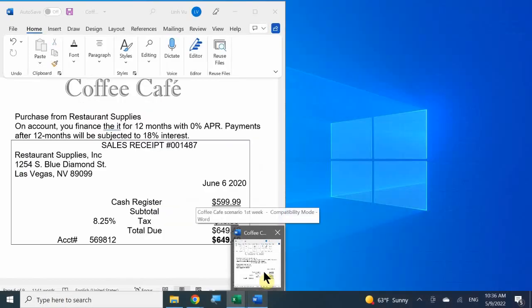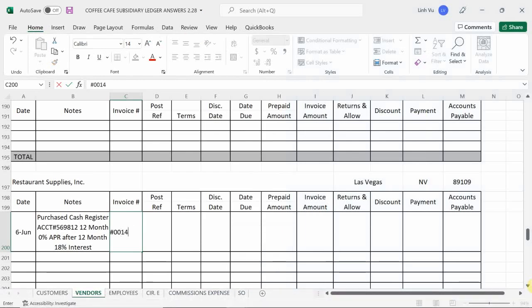I think it's 1487. Okay, post reference, page 2. No terms because I paid at time of purchase. So in this case, no terms.